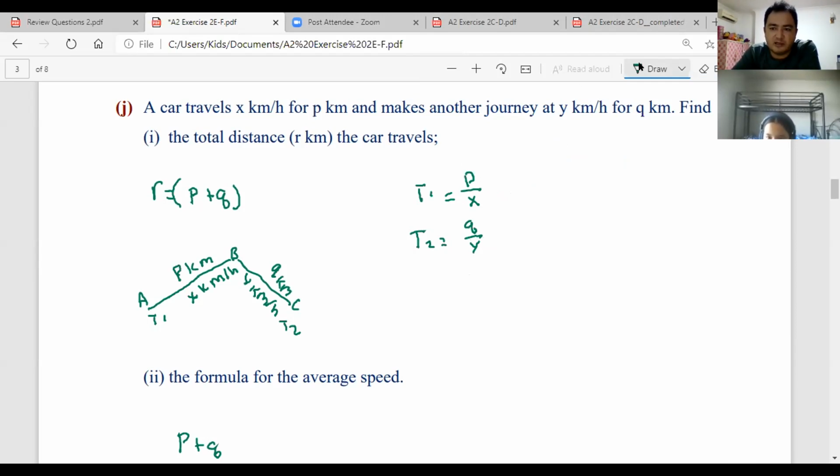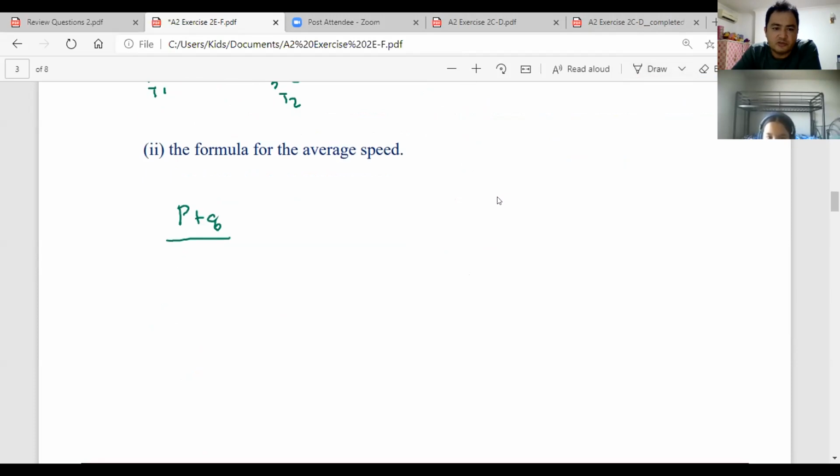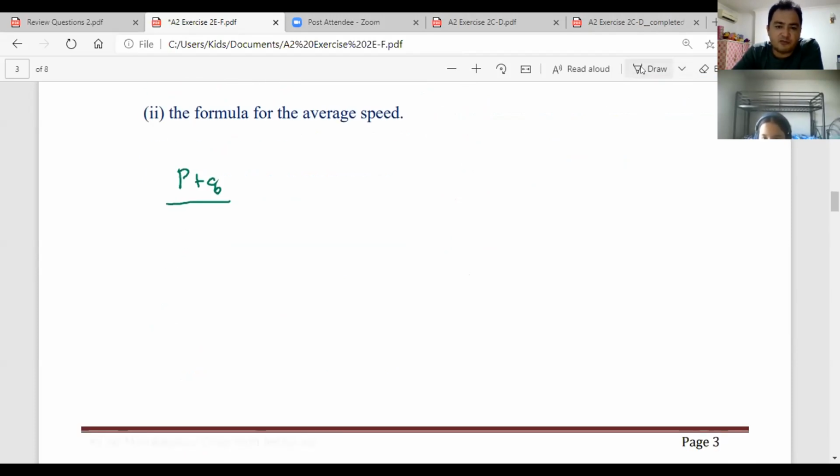Okay, now let's get back to our question. To find the formula for the average speed, first write average speed equals total distance traveled over total time taken.